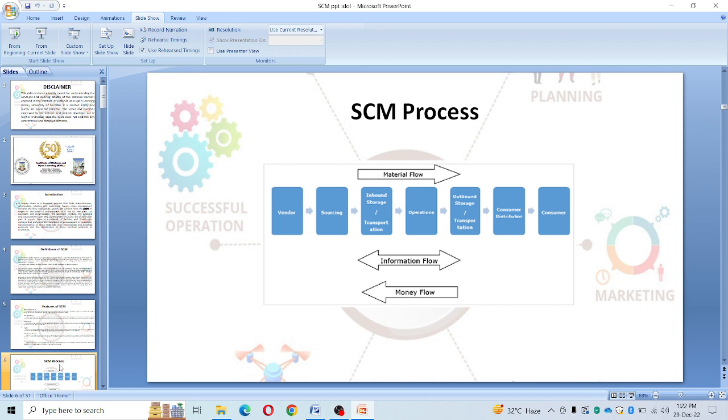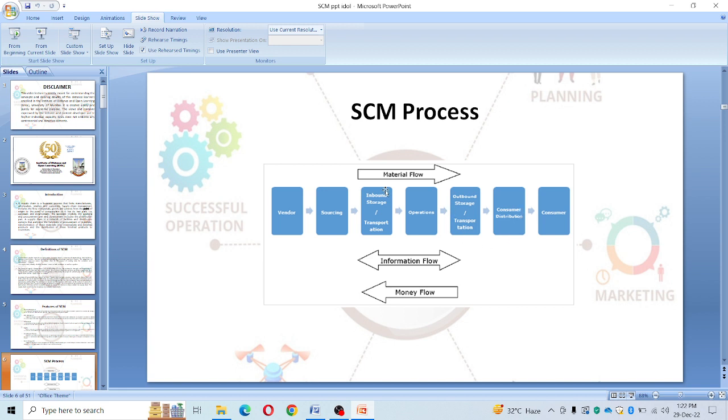So, upstream business, particularly inbound logistics, starts with vendor, that is the material source supplier, to the producer. We have transportation involved between them. Then we take things to the plant where operations are happening. Then the distribution takes place, wherein we are connecting with the distribution channels and consumers.